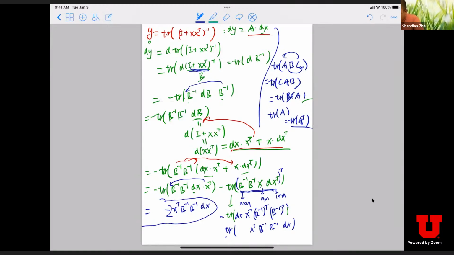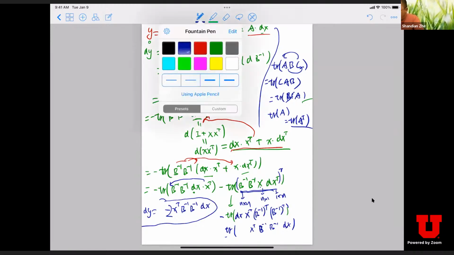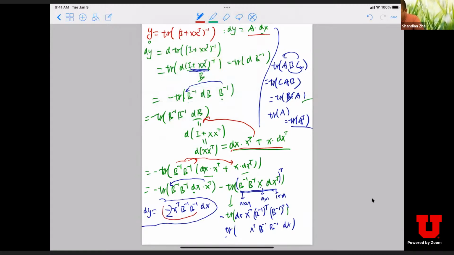This is dy. dy to this, right? So what's the derivative now? Or what is the gradient? Just this guy, right? That's how we get the result.